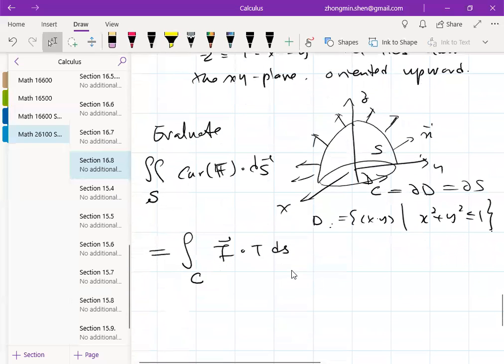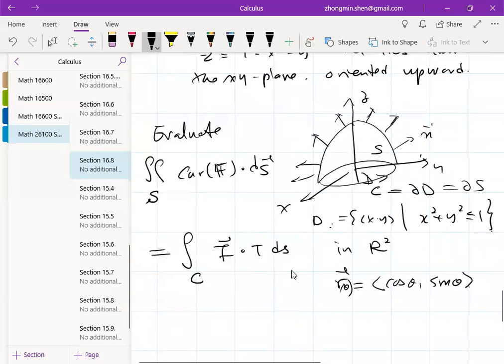If you parameterize this circle around D, in order to evaluate this, I need to parameterize it. It's going to be cosine theta, sine theta, let's say in dimension 2.